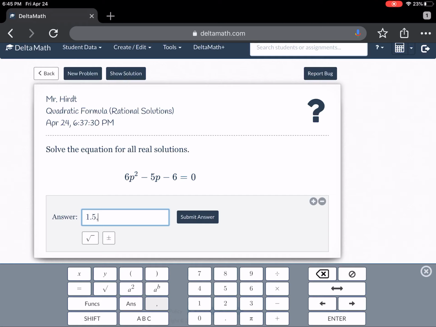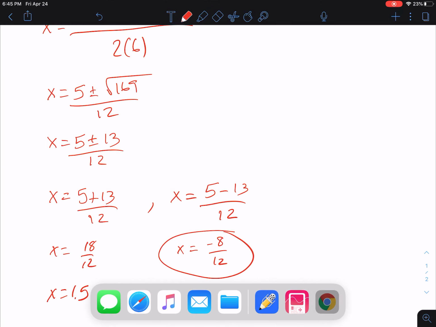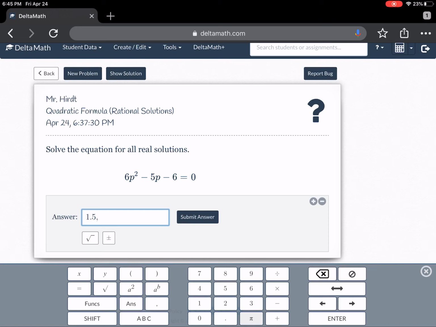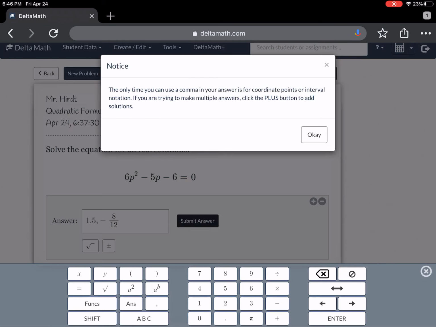And after the 1.5, we're trying to put in another answer, and that other answer is negative 8 over 12. Now for this, we're going to start with a negative 8, and by putting the division sign, that's going to get us the 12.